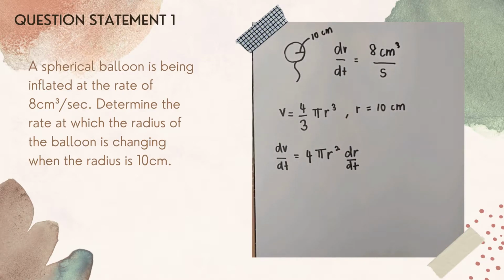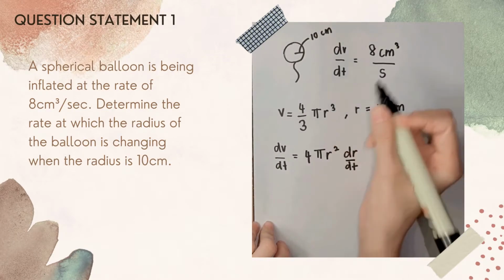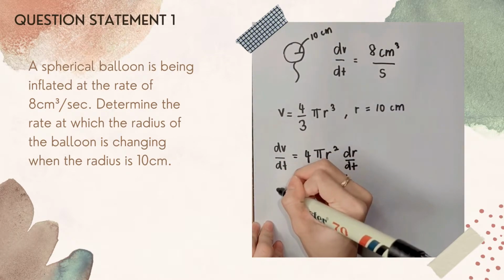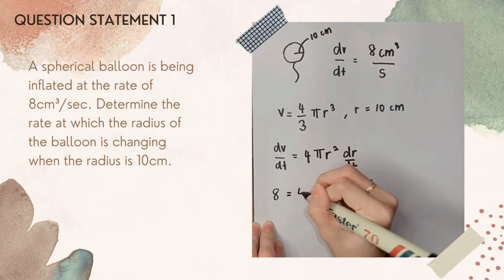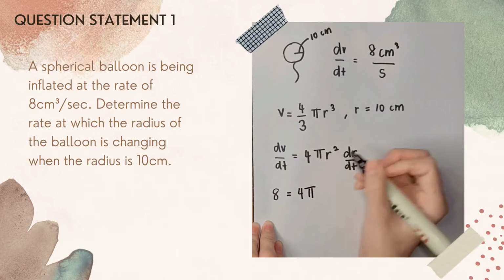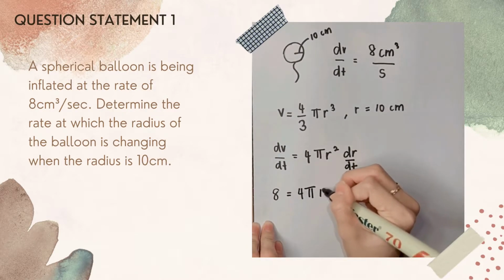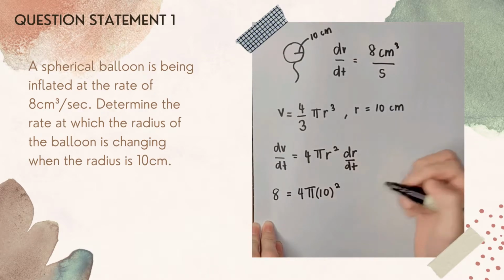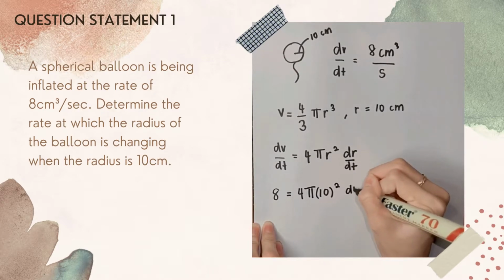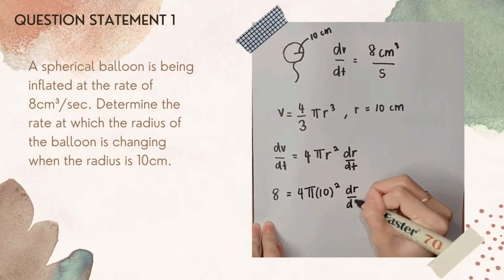Substitute the known values obtained in step 2. dV over dt is 8 cm cubed per second. We write 8 equals 4 times pi times r squared, r is 10 cm. Substitute 10 into r, times dr over dt.